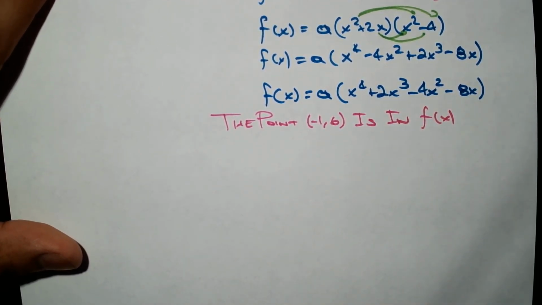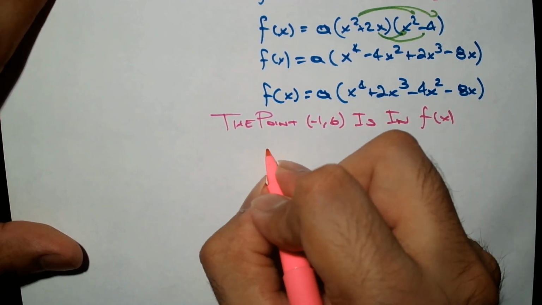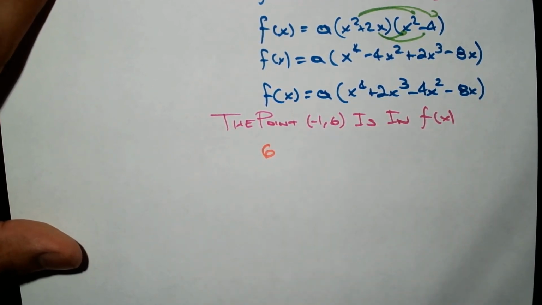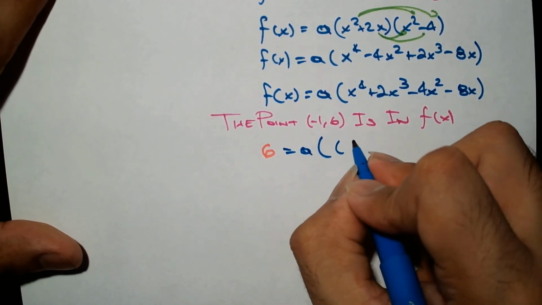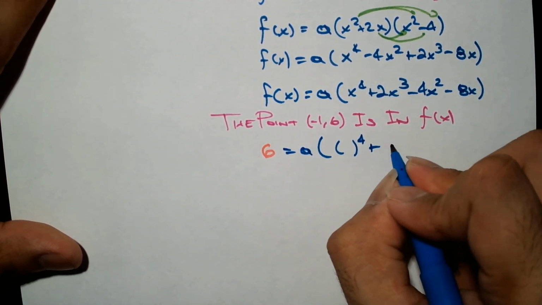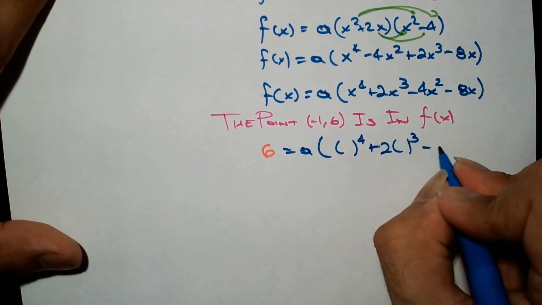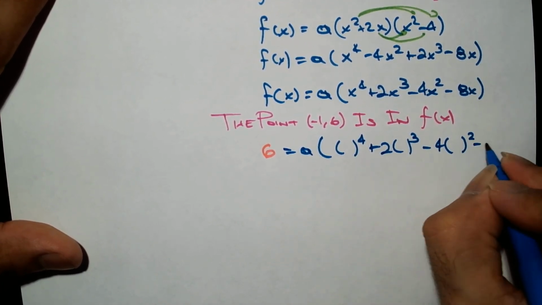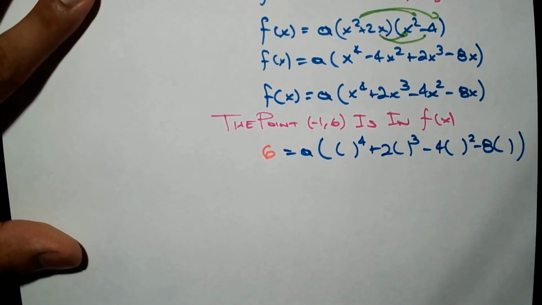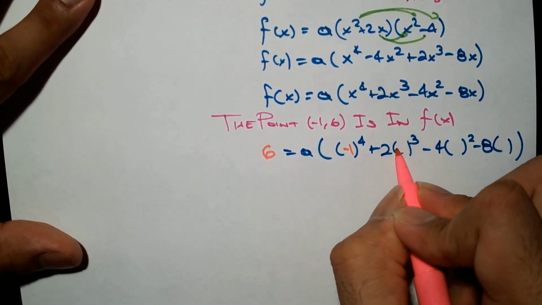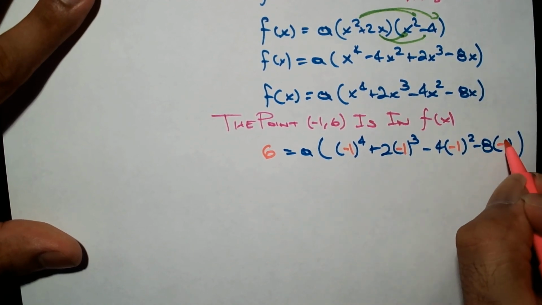So that means that we can plug in y equals 6 equals a times something to the 4th plus 2 times something cubed minus 4 times something squared minus 8 times something. And the something is negative 1.